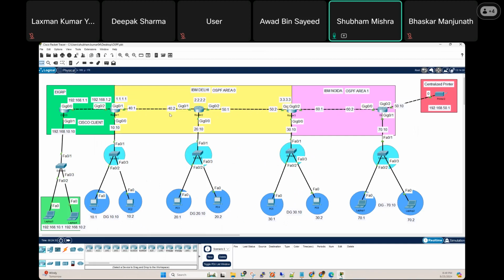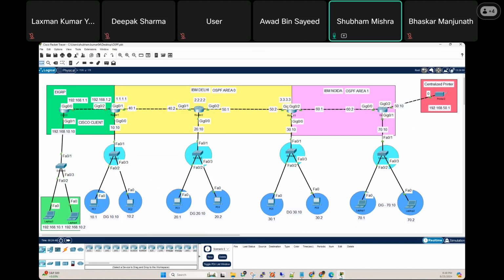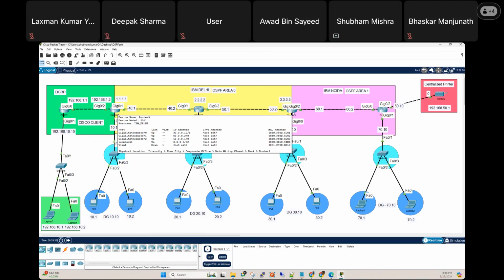Total is 3. If you do not understand, you can remember it like this: this router always shares the prefix with a metric value. What is the metric value? Source to ABR.